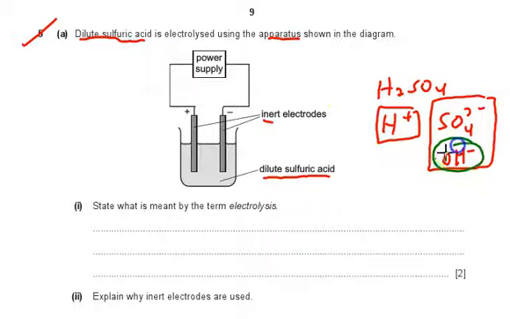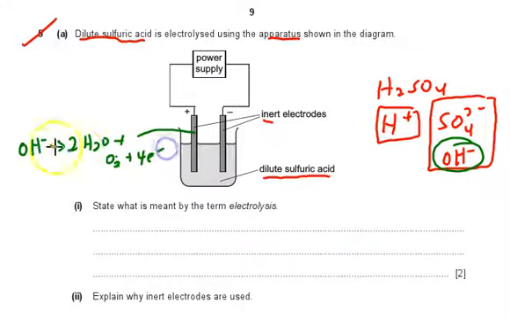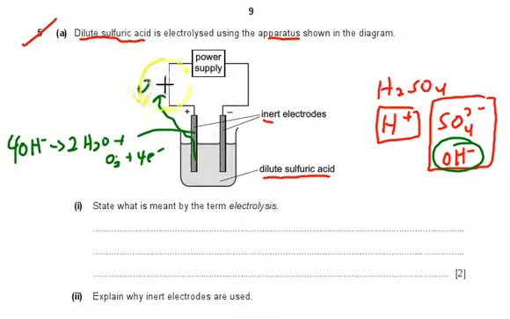So OH will be selected, and then remember the equation, guys. So here we have water, oxygen, and 4 electrons. So here we will have oxygen coming out, and at the cathode, here we will have a hydrogen coming out. We will absorb the electron to form hydrogen gas.